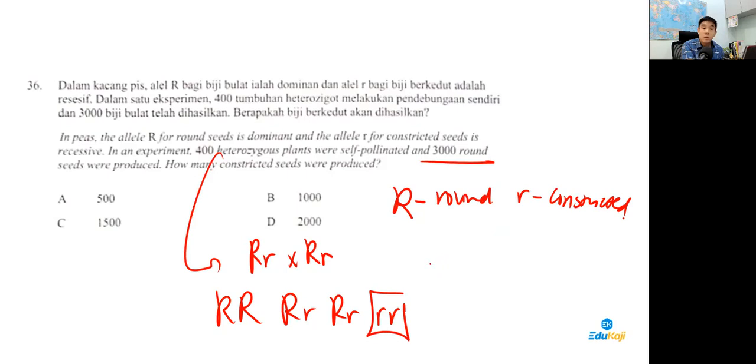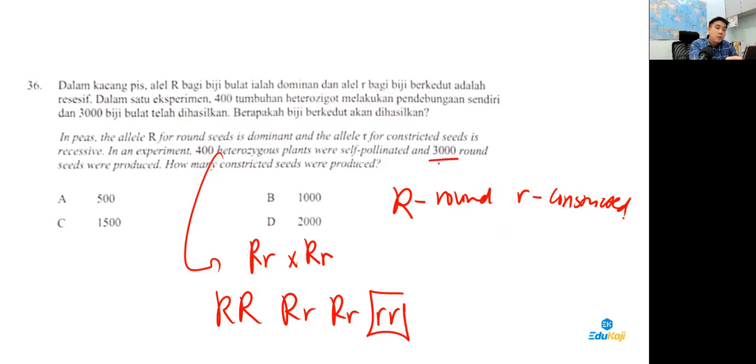Okay? So, how many constricted seed? I think can just use 3,000 round seed. Oh, 3,000. Oh, okay. I missed out this word. I thought 3,000. Yeah. This is one word I didn't catch.